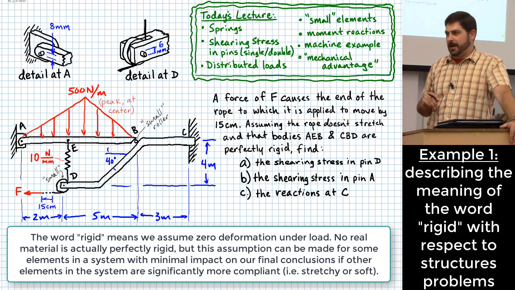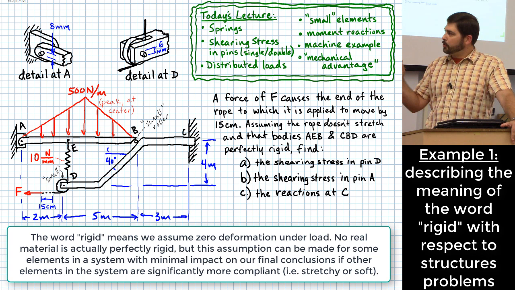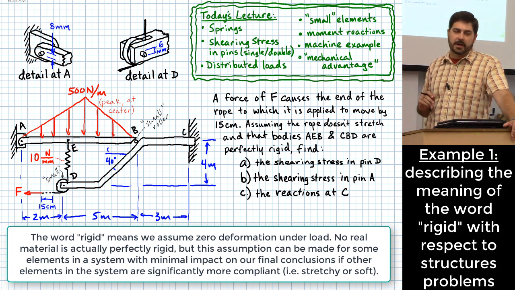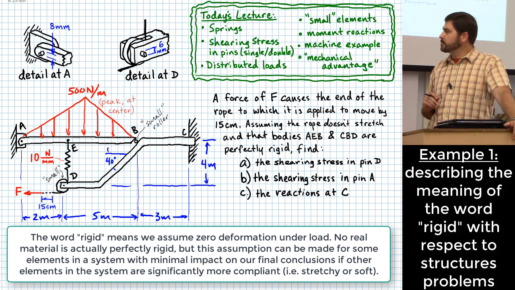Which one do you think I'm talking about? The spring, I'm going to assume, is not rigid, okay? And the spring will behave according to a spring constant of 10 newtons per millimeter. So what we can do with that is take the distance that the rope moves and combine it with that spring constant to figure out how much force might be applied in the rope. So we'll talk through some of that.